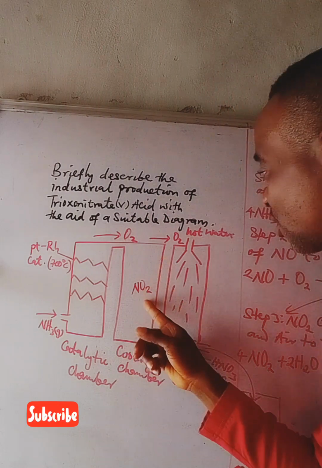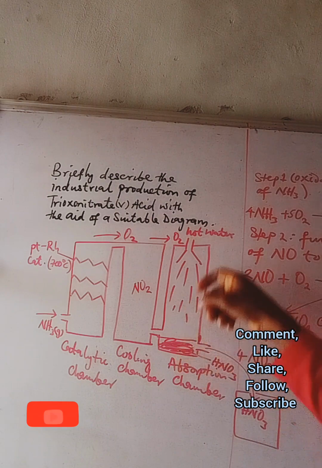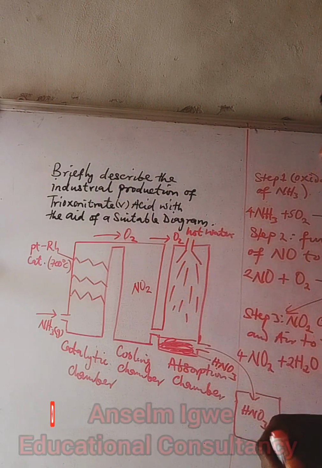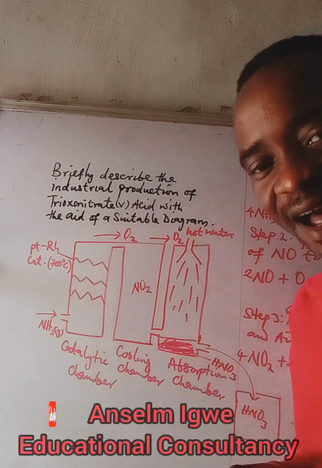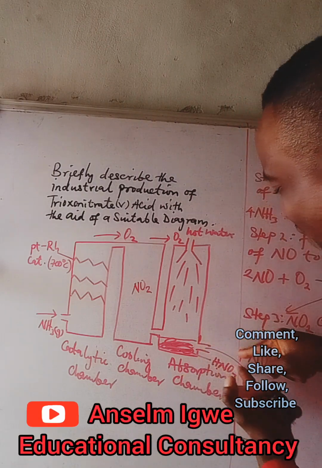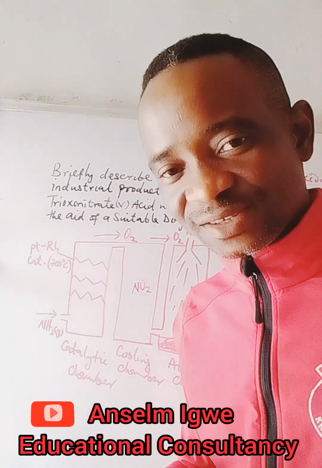This nitrogen 4 oxide will enter the last chamber where it combines with hot water that is sprinkled and more air to form trioxonitrate 5 acid. And this trioxonitrate 5 acid is collected through this final outlet for various uses.